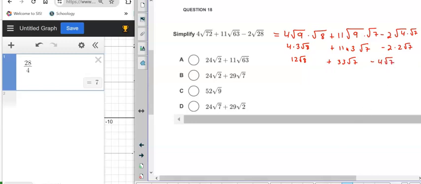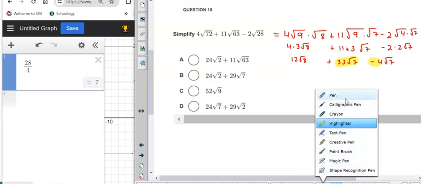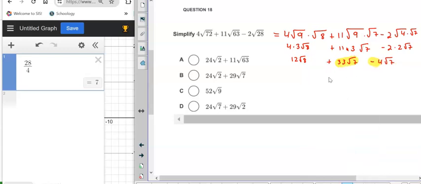Now remember, I can only put the like radicals together, so I can only put these two together, okay? Which means that's 33 minus 4, which is 29 square root of 7, and then there's nothing I can do with this. I have to just leave it like that, okay?